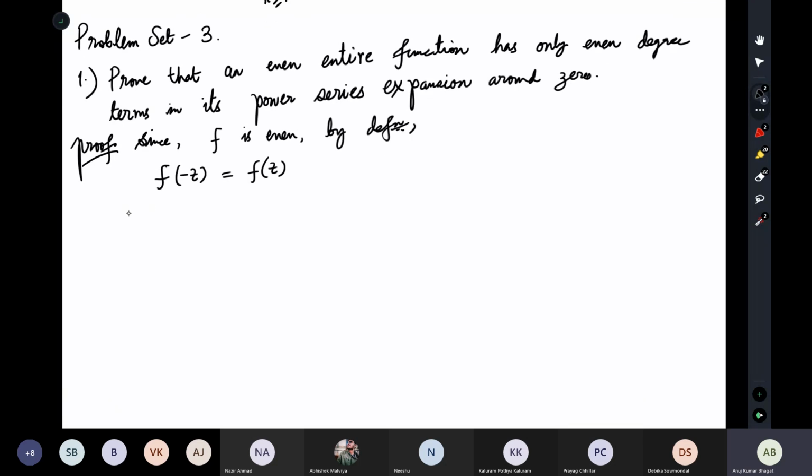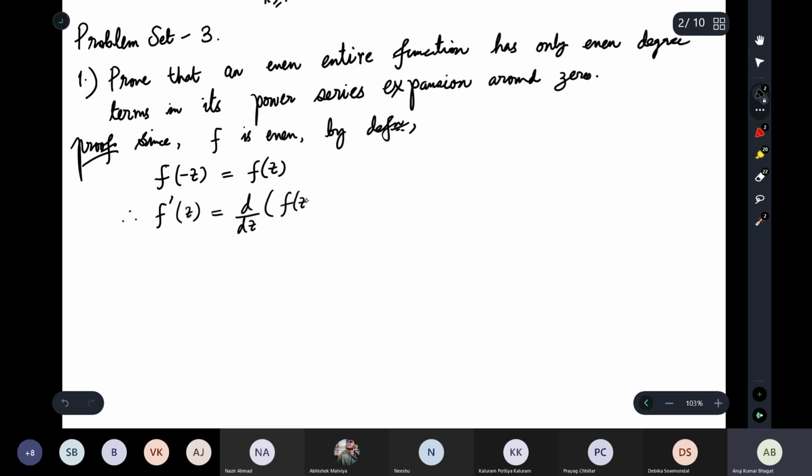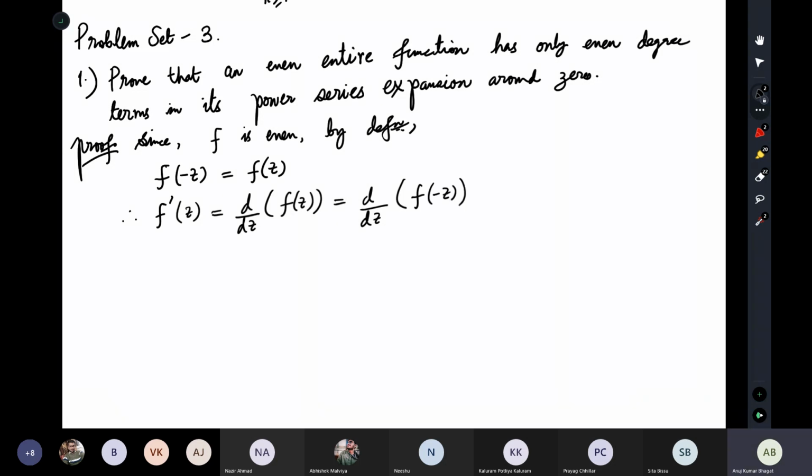So let's talk about the first order derivative. Let me do it this way. Let's find the derivative of the function. So this is by definition d/dz of f(z), and f(z) can actually be replaced by f(minus z). Any problem?